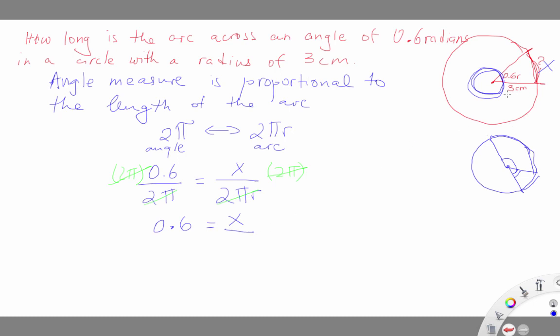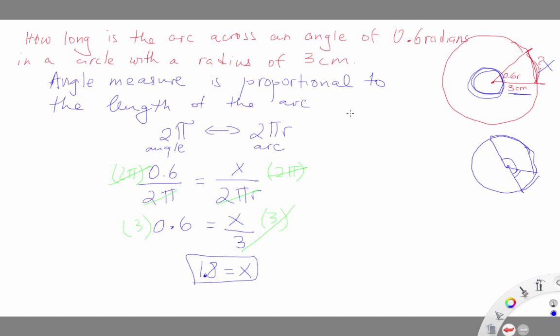Well, I know what r is. R is 3 centimeters, so I'm going to write 3. Now to cancel the 3, I have to multiply by 3. The 3's cancel out, and what I'm left with is x is equal to 3 times 6 is 18. There's one number after the decimal point, so it's 1.8.